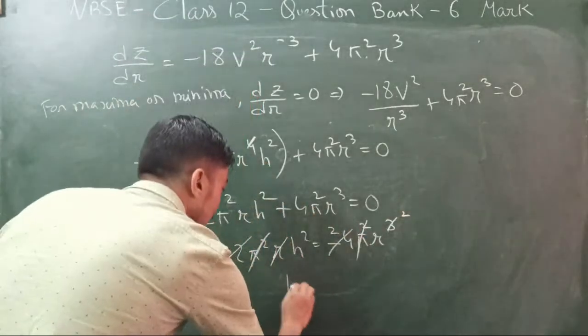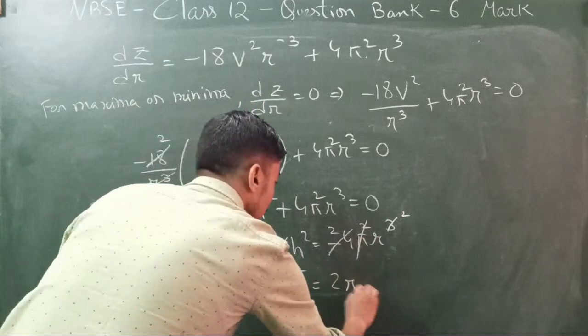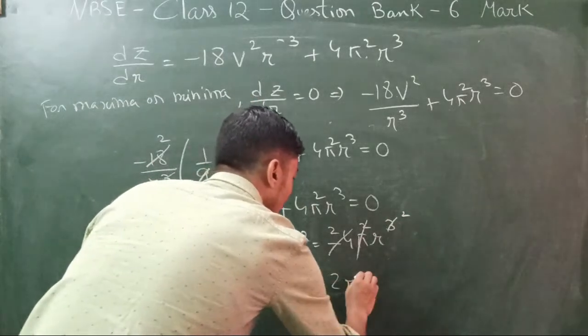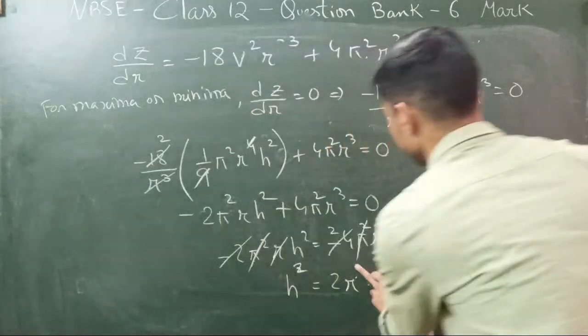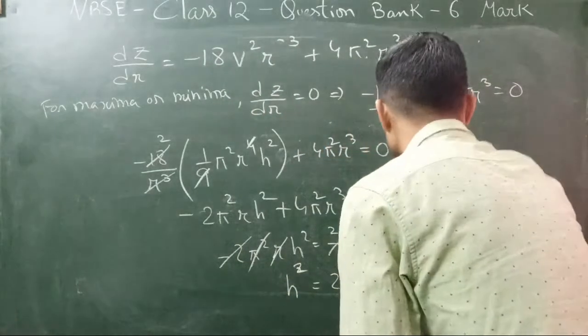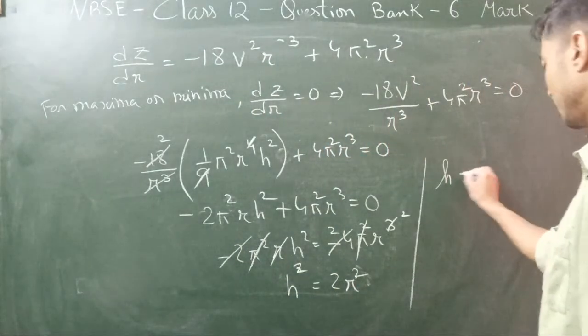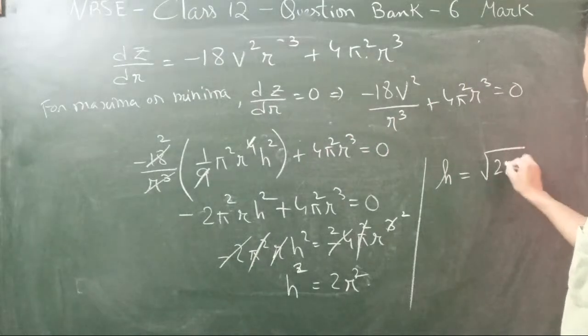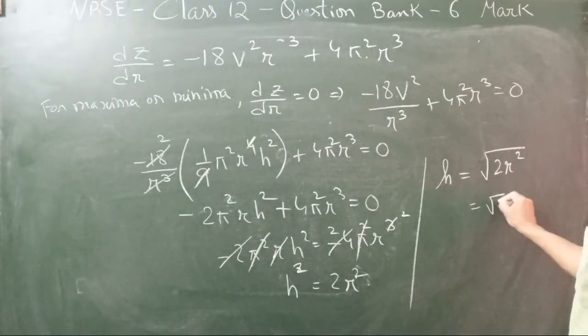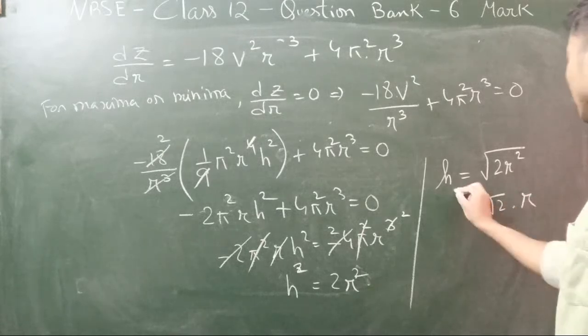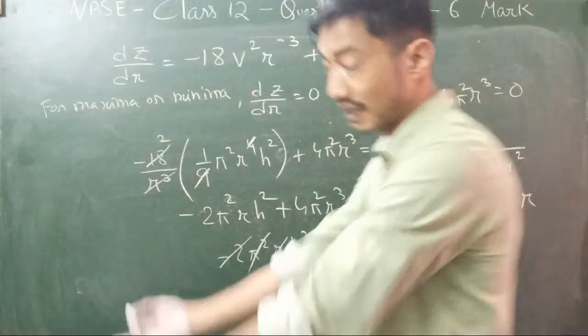So you are left with h square is equal to 2 r square. So then that leaves us with h is equal to root over of 2r square. So that's going to be root 2 into r. So we almost have our desired point.